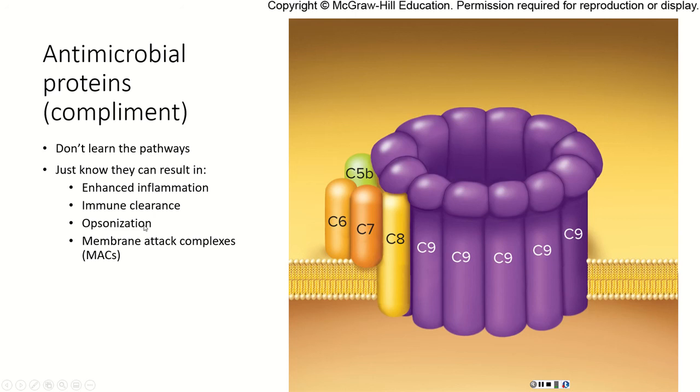Opsonization. Opsonization just means phagocytosis is made easier and more likely. So if these complement proteins stick to something and trigger opsonization, I always say that it's kind of like if you've ever eaten corn on the cob and you have those little things that you put in the end of it.